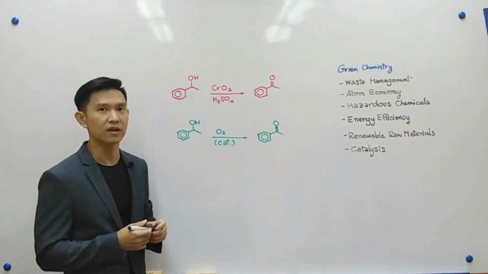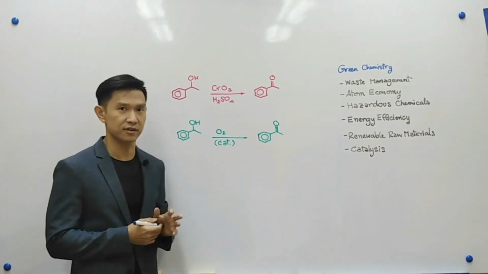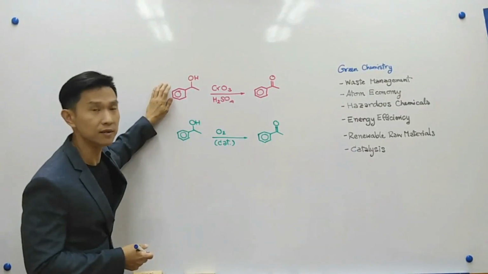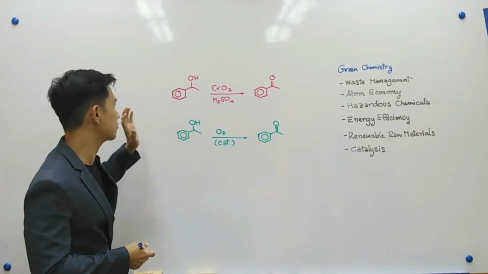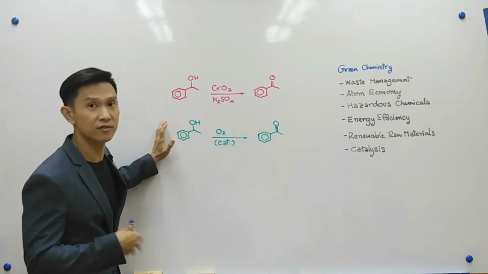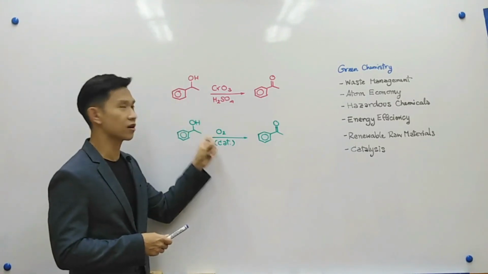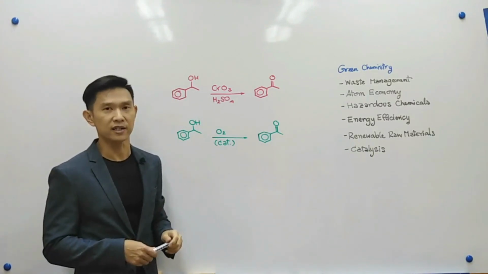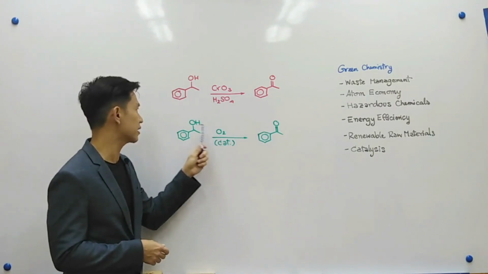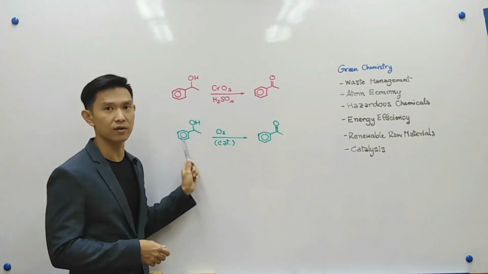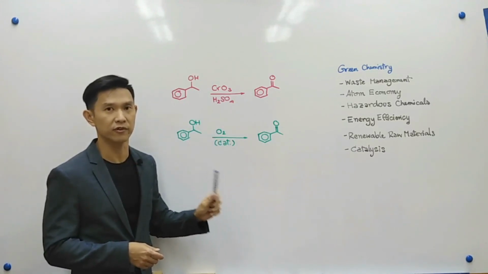3 ions. But if you change the process from the conventional method to a greener version, instead of using chromium oxide, we use oxygen gas. But oxygen gas cannot directly oxidize your alcohol to a ketone very easily.